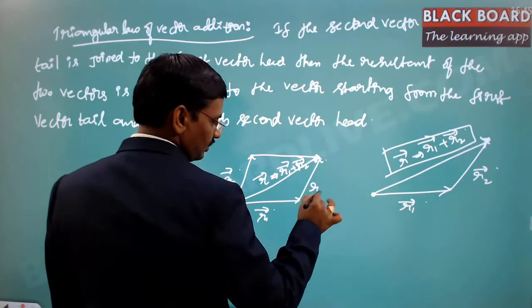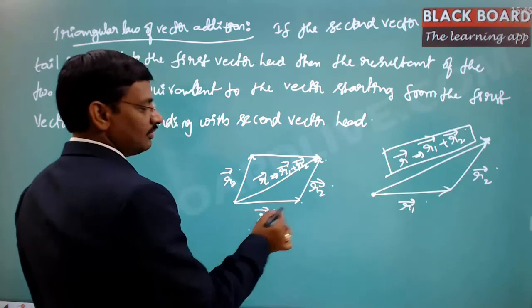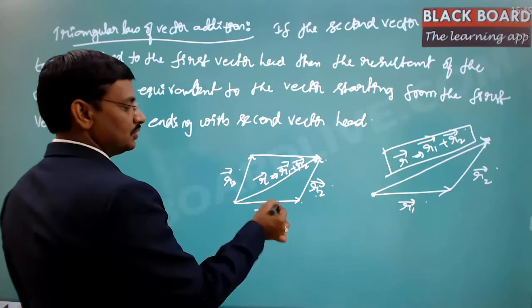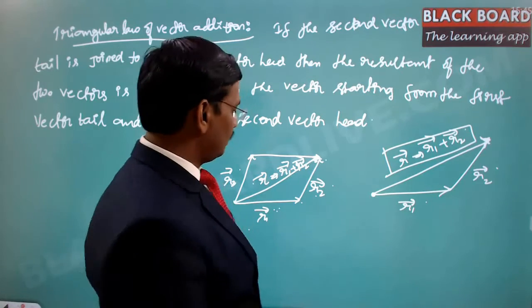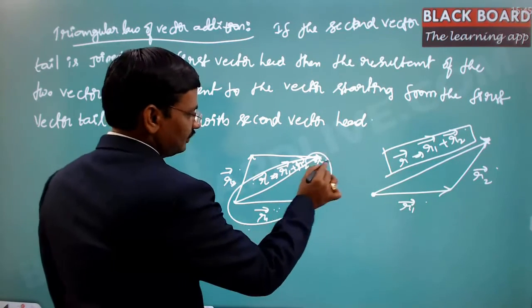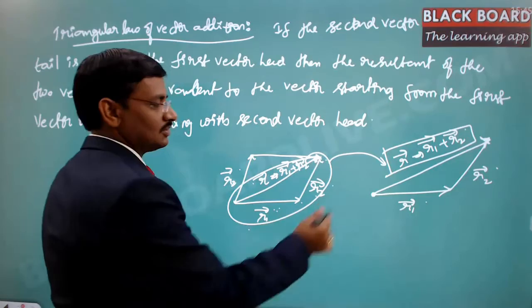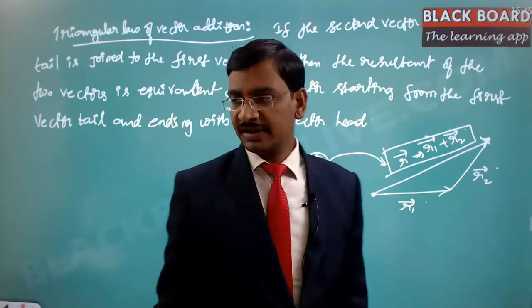So this is the R1 vector, this is the R2 vector, and if you add these two you get the R1 plus R2 vector, the R vector. If you replace the bottom portion of this, then this is what we say is the triangular law of vector addition.